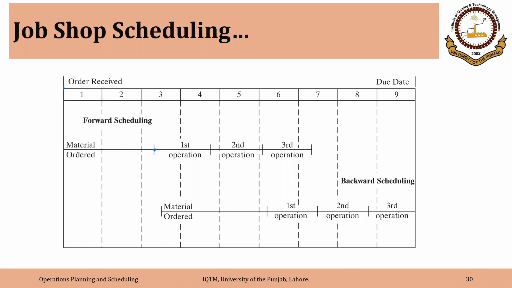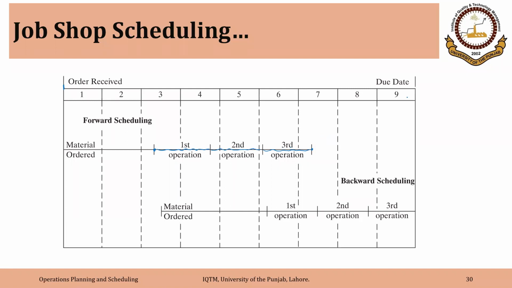That is the lead time for purchasing. Then this much is the operation time for the first operation, then this much is for the second operation, and this much is for the third operation. And we expect to finish the production of this lot for this order on date 7.